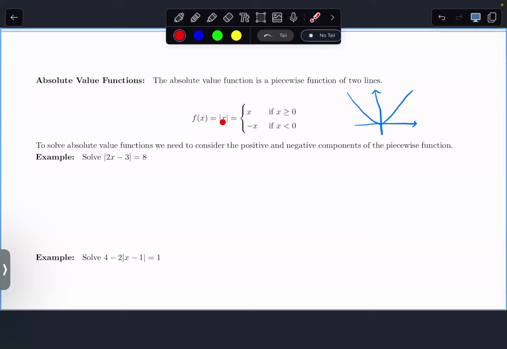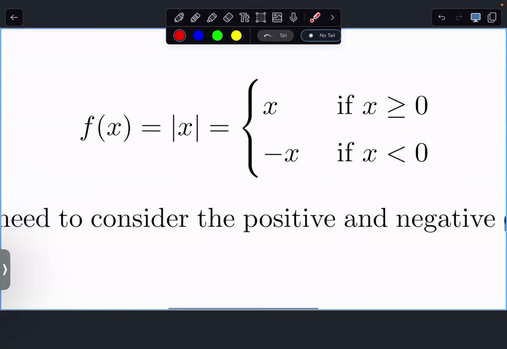You are allowed to consider the positive and the negative version of f of x, but I'm not going to. And I don't know why I feel like it wouldn't work. I haven't found a situation where it doesn't work, but it's just kind of ingrained in me from math. And so I only do it for, so notice here, the absolute value of x are these vertical bars around x.